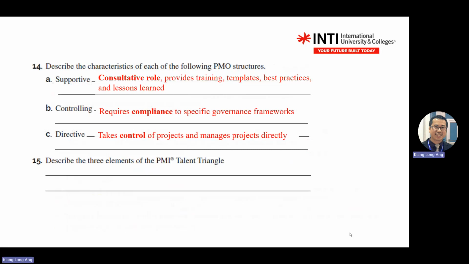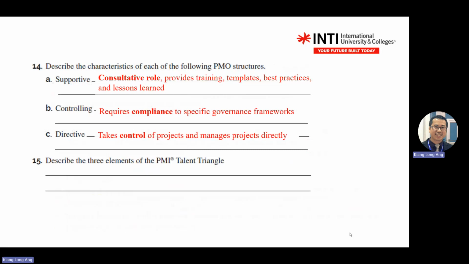Controlling means you look for compliance with a certain framework. Okay, framework means rules or guidelines. Directive is to take control of the projects and manage projects directly. So there are three keywords here.